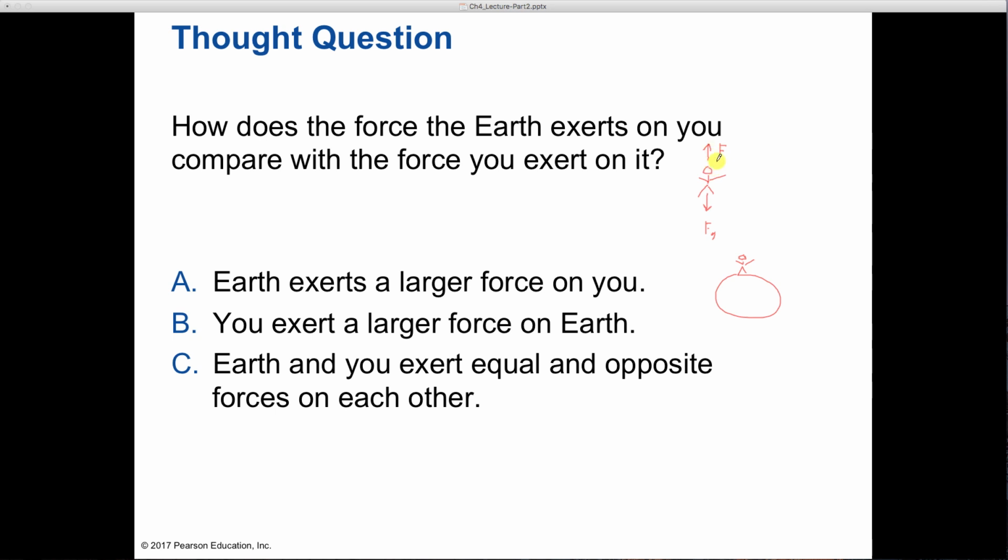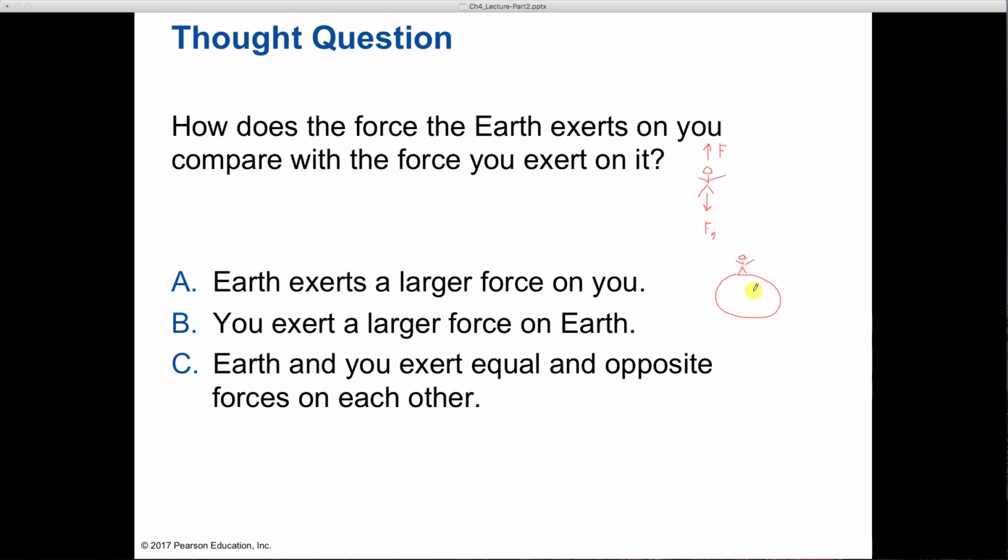Well, let's focus on this force of gravity, Fg. Fg is often called your weight, again as long as you're not accelerating in an elevator shaft or something like that. And that force has an equal but opposite partner. This is a force acting on you by the Earth. It's the force that the Earth is pulling down on you with.